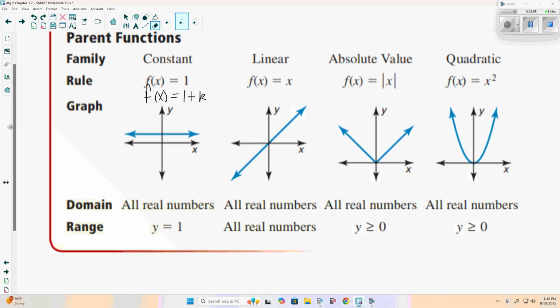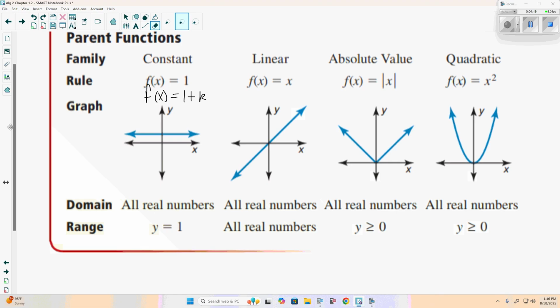This is the parent function, the most basic version of it. We can tell it's a quadratic for 2 main reasons. One, the U in the U-shaped graph, or the x squared. Absolute value functions have to have, well, absolute value bars. If it has absolute value bars, it's an absolute value function. These are the most basic versions of these here. Questions on this so far?